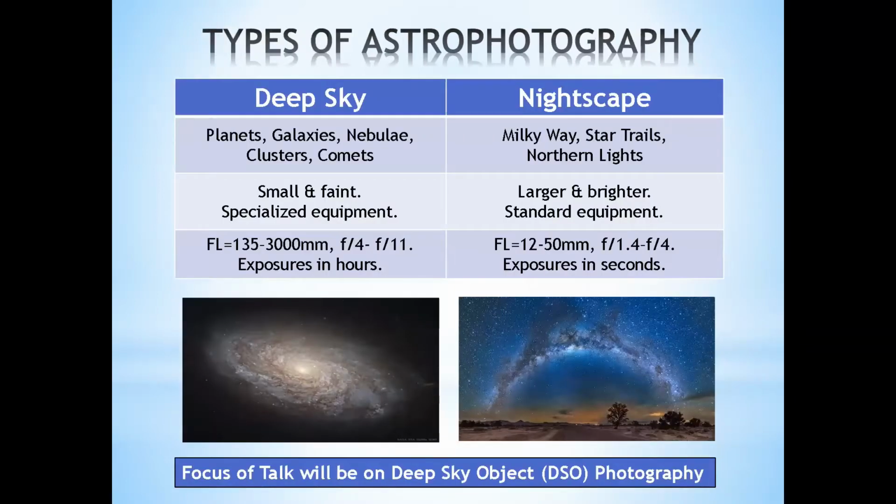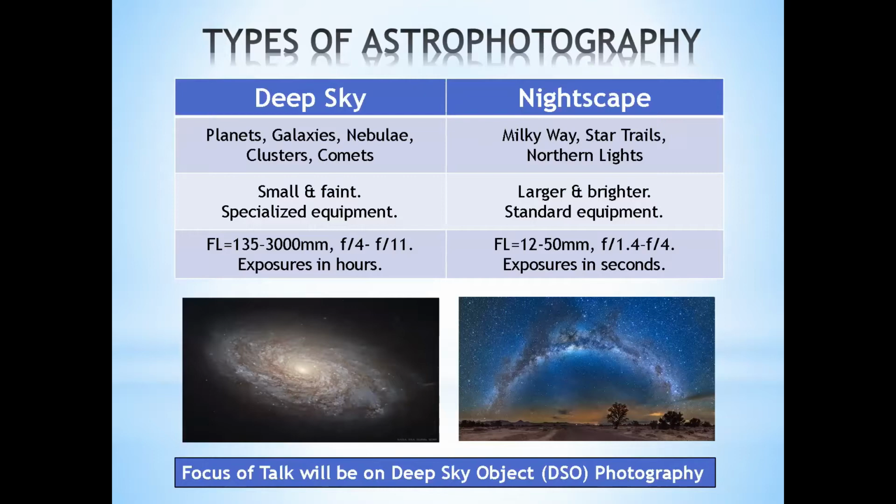So there are two types of astrophotography, what's considered deep sky and nightscape. Most of us are familiar with nightscape photography, which is fairly large portions of the sky, Milky Way, star trails, northern lights, and does include some terrestrial foreground.